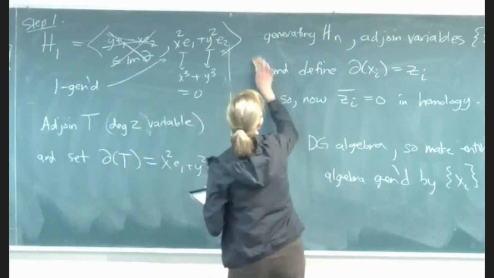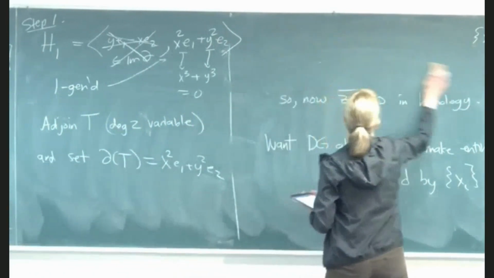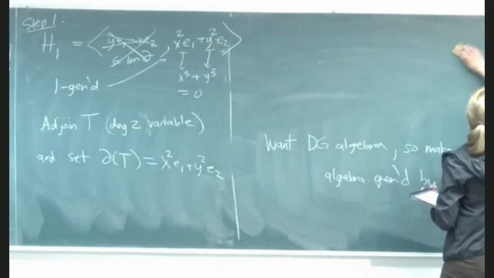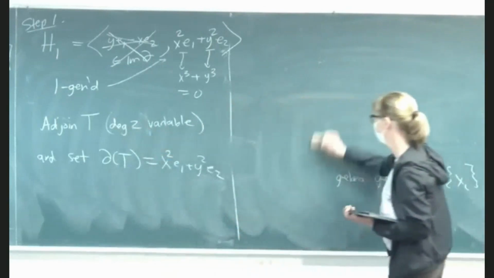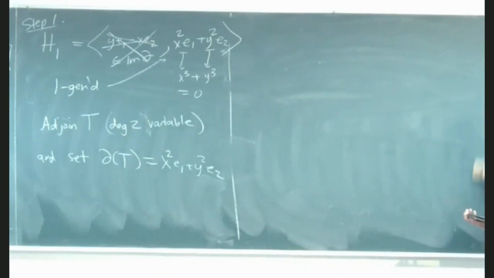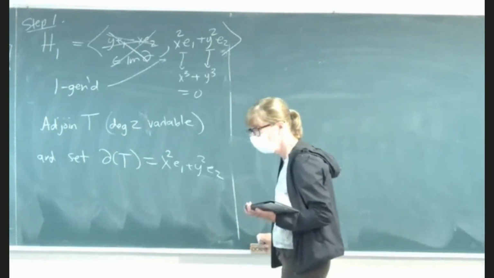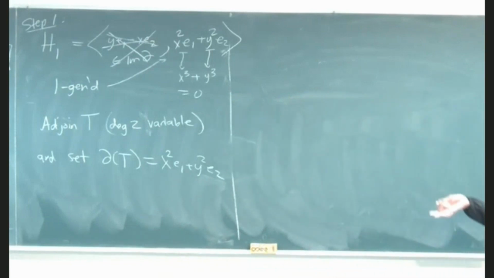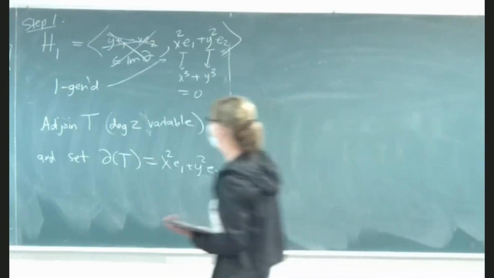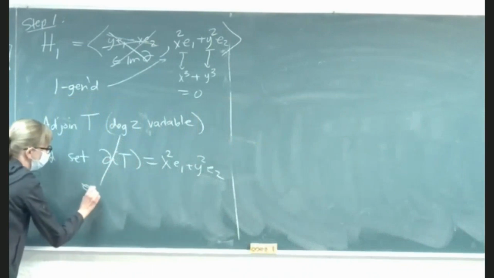Okay? So now let's write down what we have. But we have to put the whole algebra in. So this variable has degree 2. So what can you tell me about whether it commutes or anti-commutes with other things? Commutes with everything, right? Okay, so degree 2 is even.